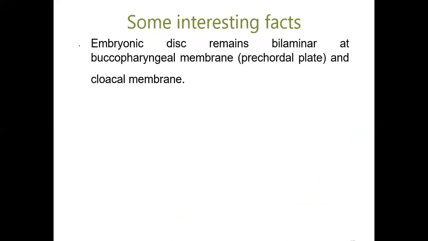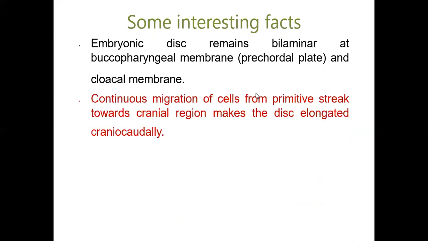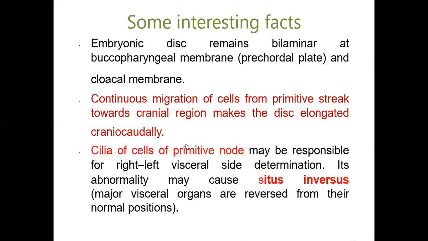Some interesting facts about the third week: the embryonic disc remains bilaminar at two places, the buccopharyngeal membrane, which corresponds to the precaudal plate, and the cloacal membrane. There is continuous migration of cells from the primitive streak towards the cranial region, which makes the disc elongated craniocaudally.